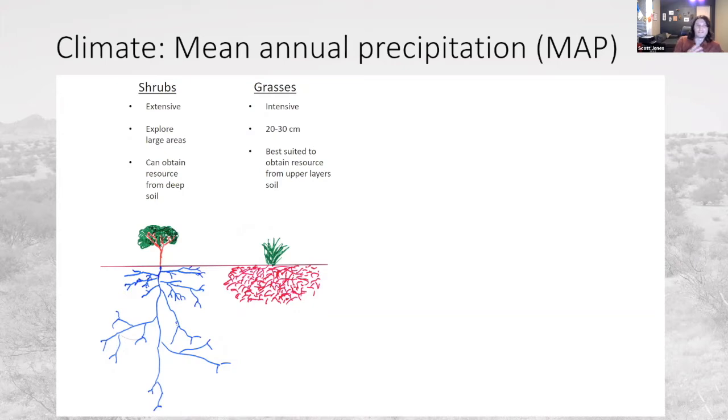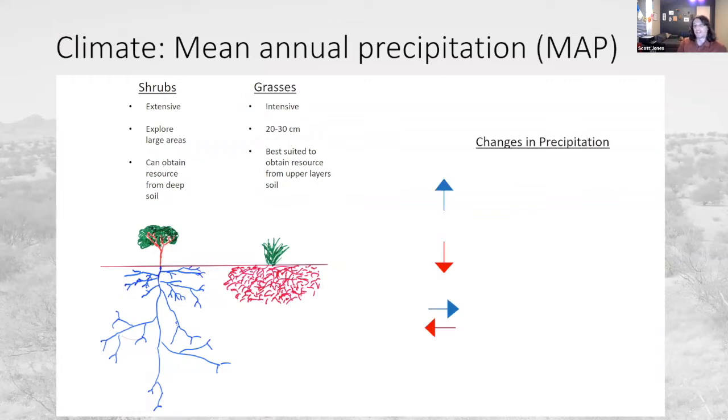This is compared to grasses, which have a very intense root system located mostly 20 to 30 centimeters below the soil. This is best suited to utilize resources in that top section, where shrubs, when they're young, will compete with these grasses until they can put down that taproot. At that point, they usually have access to deeper water sources and other nutrients.